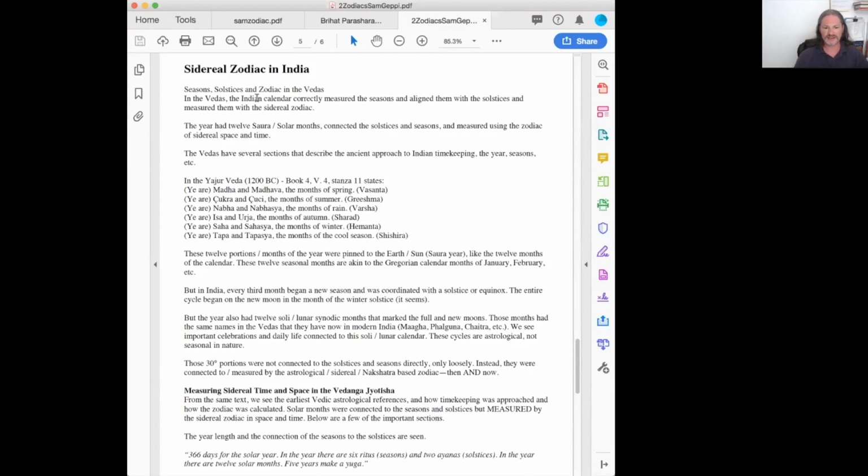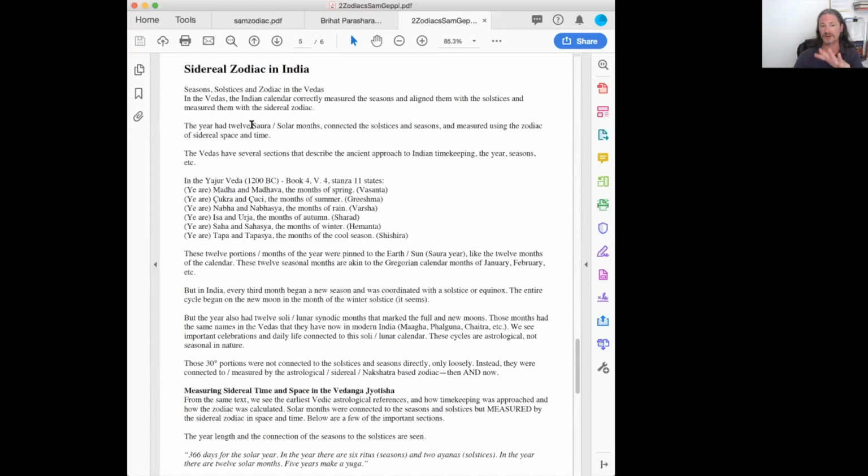So in the Vedas, the Indian calendar correctly measured the seasons and aligned them with solstices, and measured them with the sidereal zodiac. They had 12 Sara or solar months.